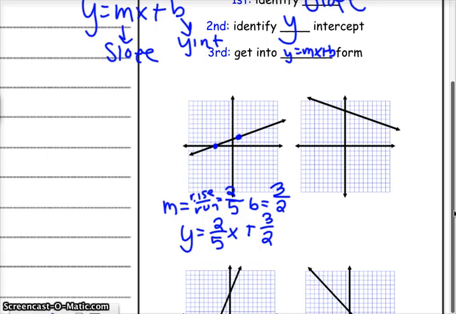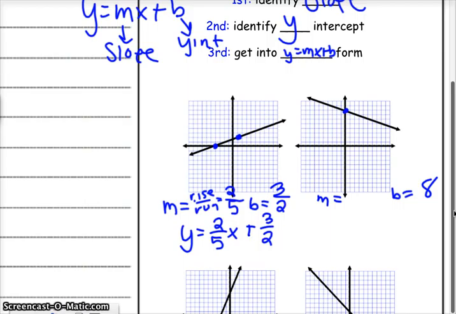The next one, same thing. I figure out my slope. I figure out my y-intercept. I don't care what order you do it. I know right away my y-intercept is 1, 2, 3, 4, 5, 6, 7, 8. Right away my y-intercept is 8. And it looks like a perfect point, so I might as well just use that to find my slope.